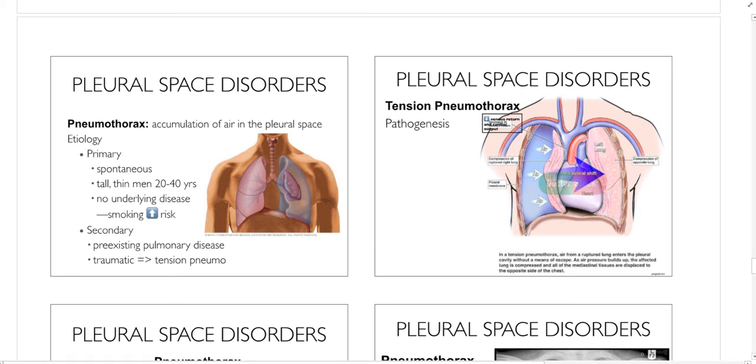There's no real underlying disease going on, but if they smoke, that is an increased risk. Secondary is also a common form of pneumothorax. It comes from a pre-existing pulmonary disease or from a traumatic event, which can also lead to a tension pneumo. A tension pneumo is going to be a much more emergent issue.